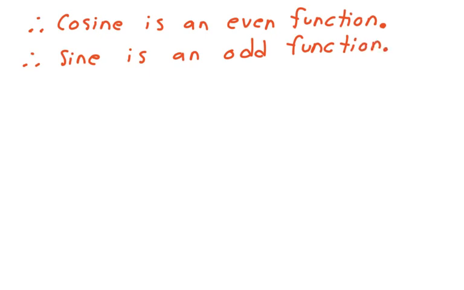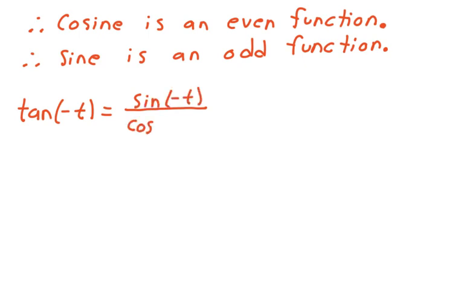Now, we can use the fact that sine is an odd function and cosine is an even function to determine whether tangent is an even or odd function. And so what do we do there? If we take a look at tangent of negative t, are we in agreement that this is sine of negative t divided by cosine of negative t? But remember that sine is an odd function. So this is negative sine t.